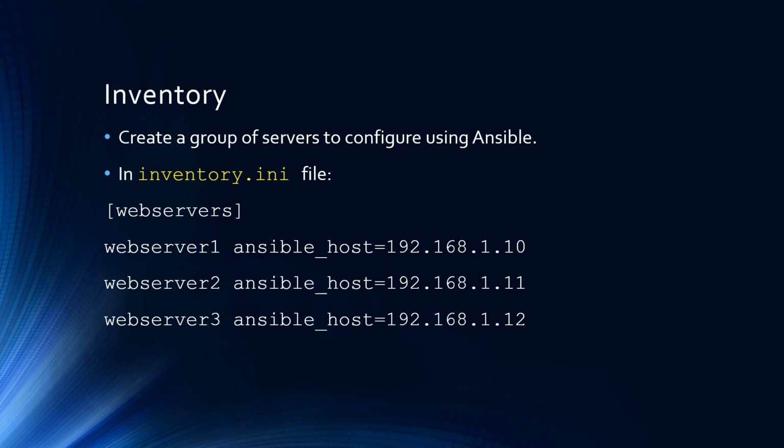When specifying hosts in your inventory, you have several options for defining how Ansible connects to them. The ansible_host variable shown in the example is just one of many available variables. Others include ansible_port for specifying non-standard SSH ports, ansible_user for the SSH username, and ansible_connection for defining the connection type. Here's a practical consideration I've learned from experience.